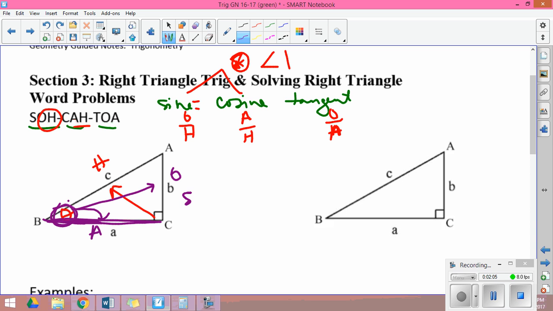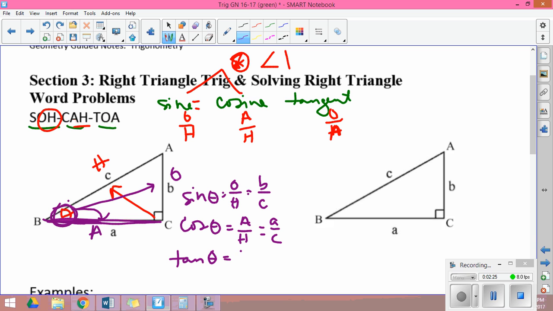So the sine of theta is opposite over hypotenuse, and so that would be b over c. The cosine of theta is adjacent over hypotenuse, so in this case a over c. And the tangent of theta is opposite over adjacent, b over a.